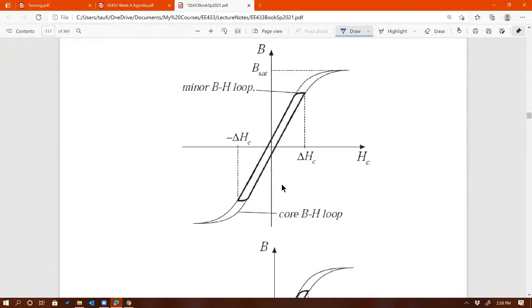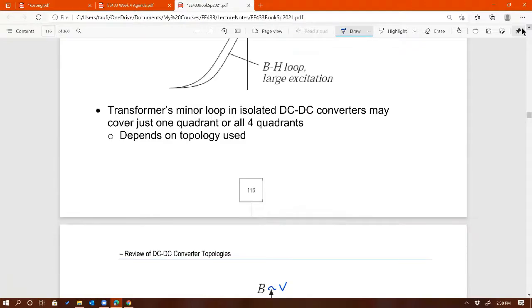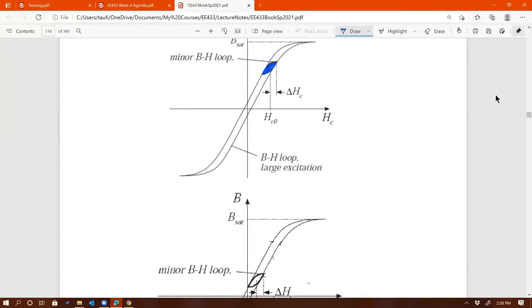Don't forget that B is proportional to voltage, H is proportional to current, right? So some topologies actually introduce positive and negative voltage and current across the magnetic component. Some other topologies, most topologies, they do it this way, right?